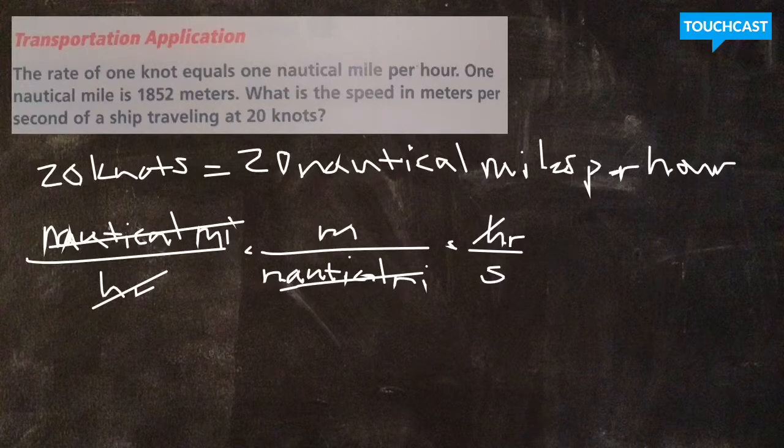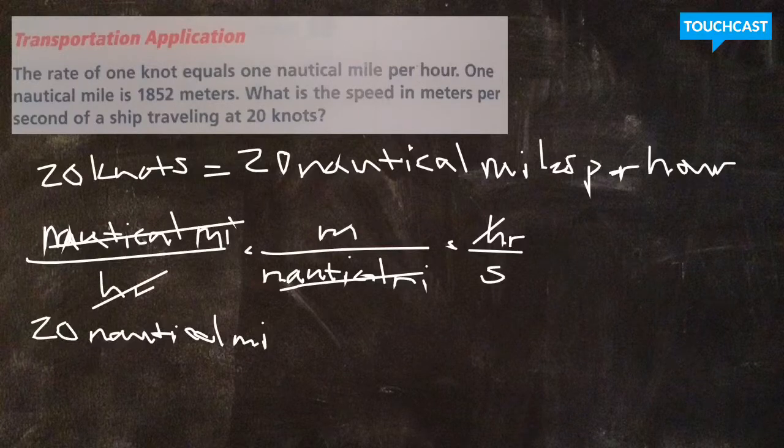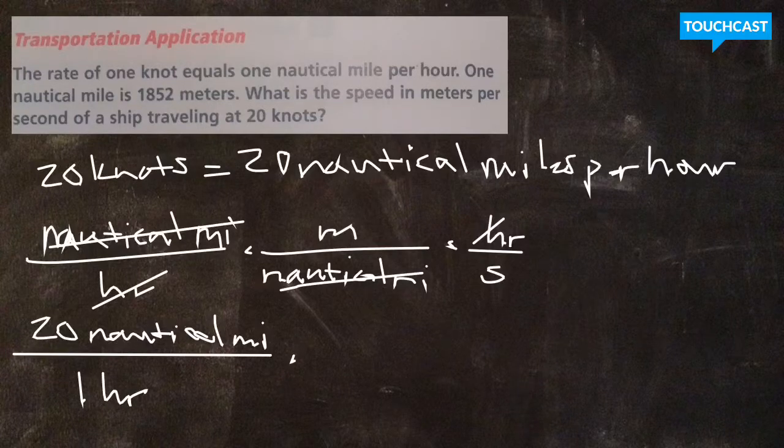We have 20 nautical miles in 1 hour. We're going to multiply that by, we were told that 1 nautical mile is 1,852 meters.